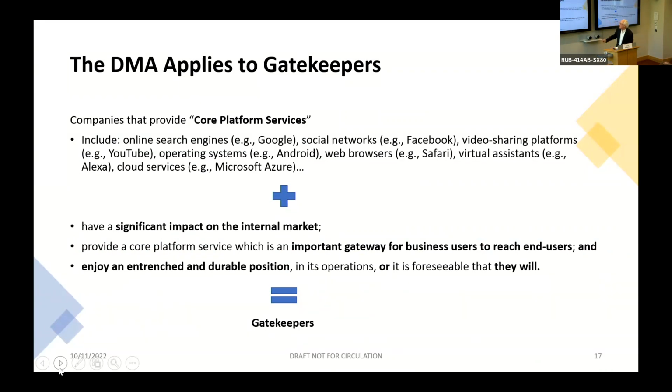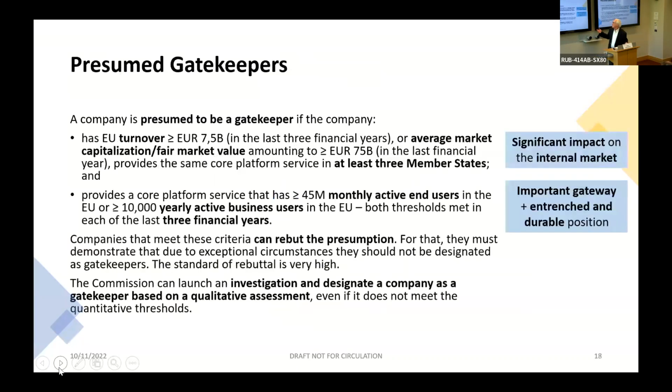So the Europeans came up with this idea of focusing on whether you have a significant impact and whether that service is somehow a gateway to a substantial number of users. So then you presume some companies will be gatekeepers based on what? On just some basic facts about how big they are, how many customers they have, how much money they make. Pretty straightforward. This is not antitrust.